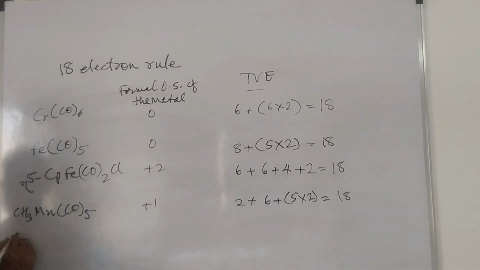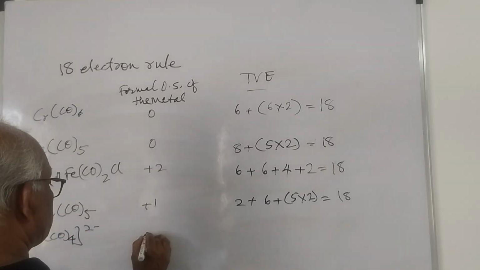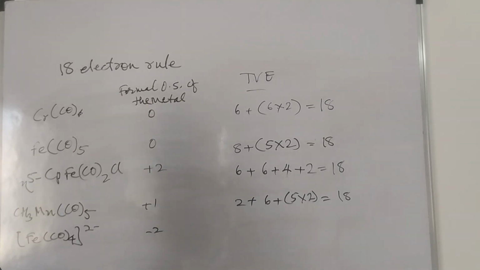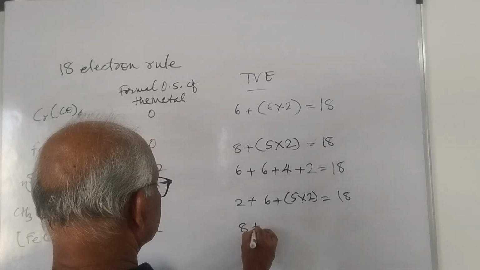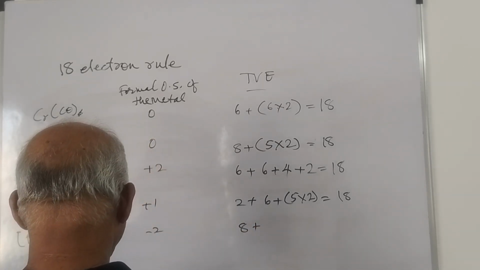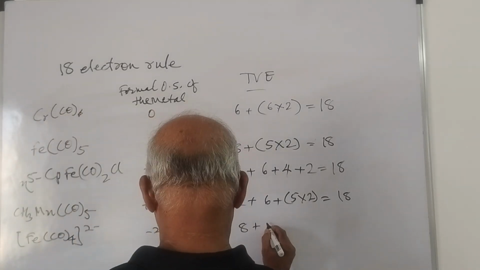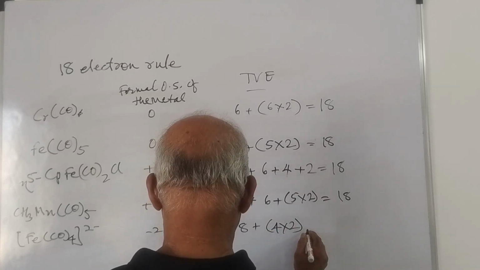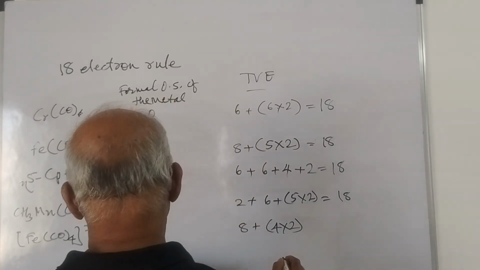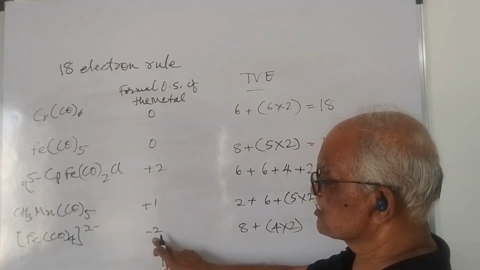Now another example is [Fe(CO)4]2-. Here the formal oxidation state is minus 2. Then Fe contributes 8 electrons, plus these carbon monoxides are 4, so 4 into 2, that is 8, plus the charge minus 2.